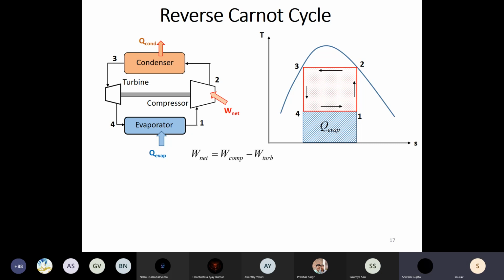We all know that this is the benchmark cycle, and hence any textbook or study material on thermodynamic cycles will always start with this as the reference cycle, and then we move on to certain practical issues with the Carnot cycle, and then we discuss the actual cycle.